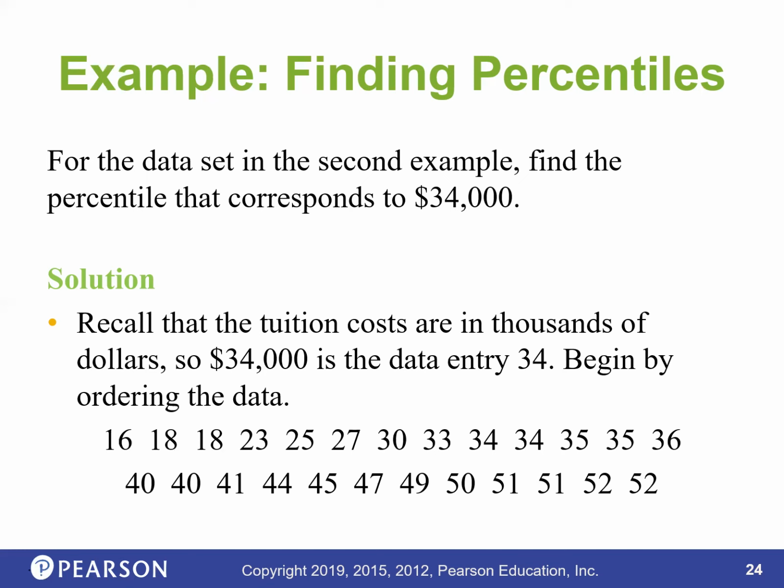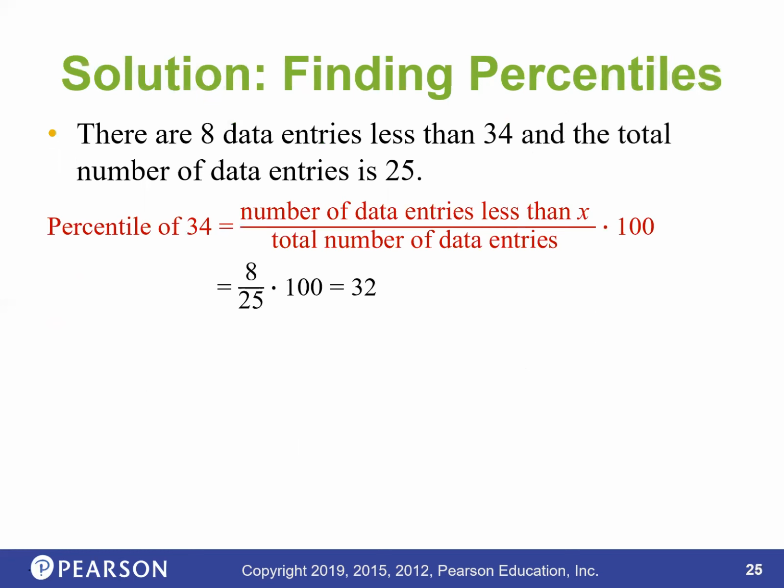All right, you guys talk to me. How many data points are there that are less than 34? 8. Awesome, 8 is good. How many data points are there in total? 25. Anybody second 25? Okay, that's good. So how about 8 over 25 times 100?